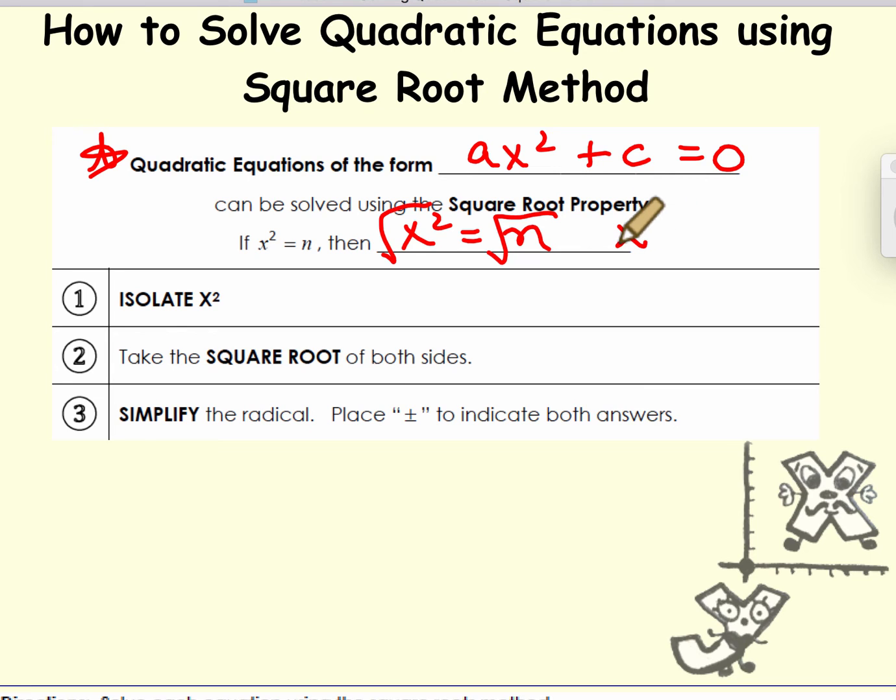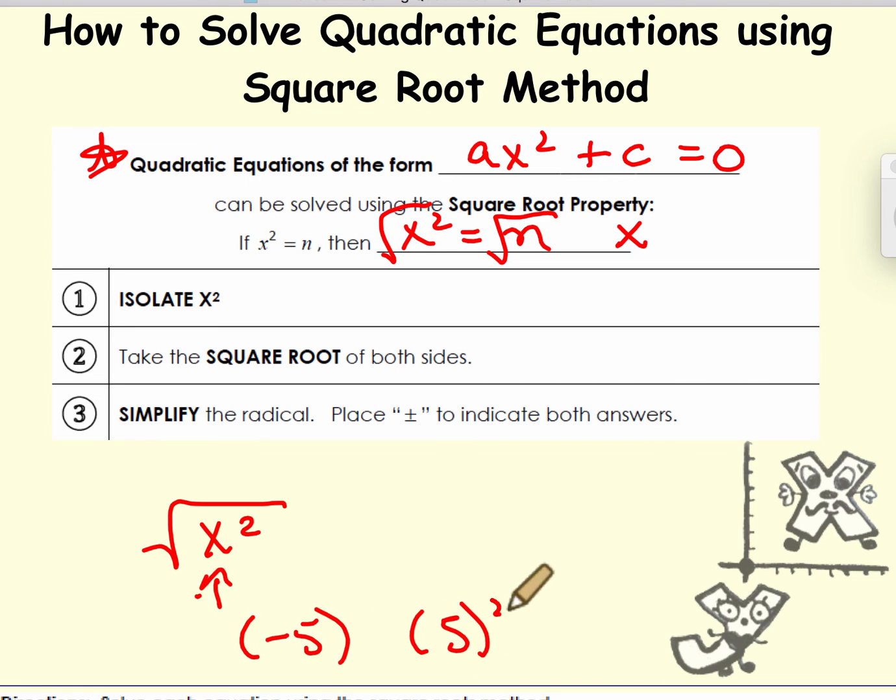So you have to remember two things. Whenever I take the square root of something that's squared, that's an unknown, I don't know if this number that was squared was negative or positive, because negative 5 squared is the same as 5 squared, since they're both equal to 25.